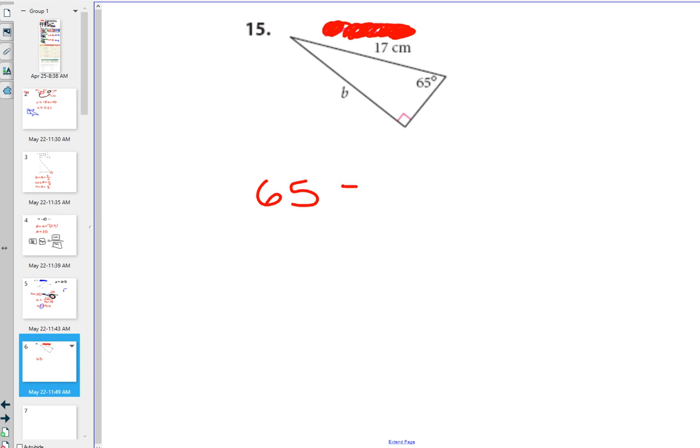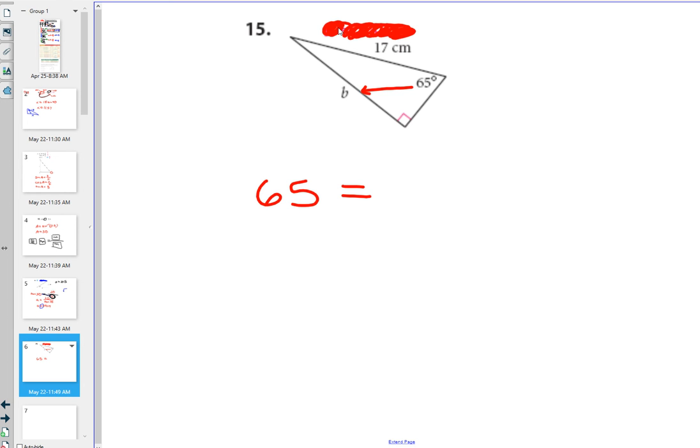So relative to where the 65 is located, what side is that B? You have three options. Even if you were to guess, you have a 33% chance of guessing right. That is the opposite leg. Very good. What is the 17? It's the hypotenuse. It's crossing the 90.